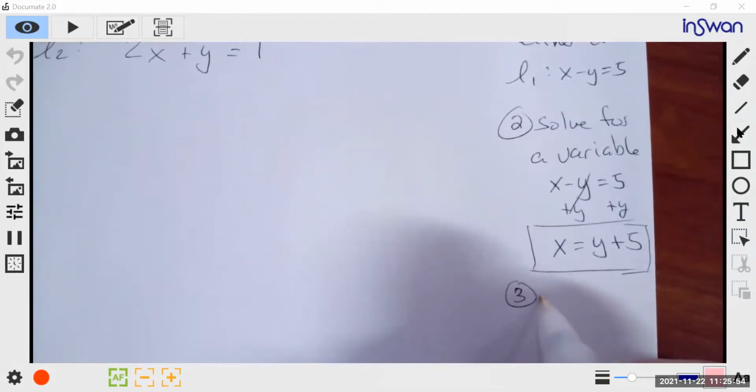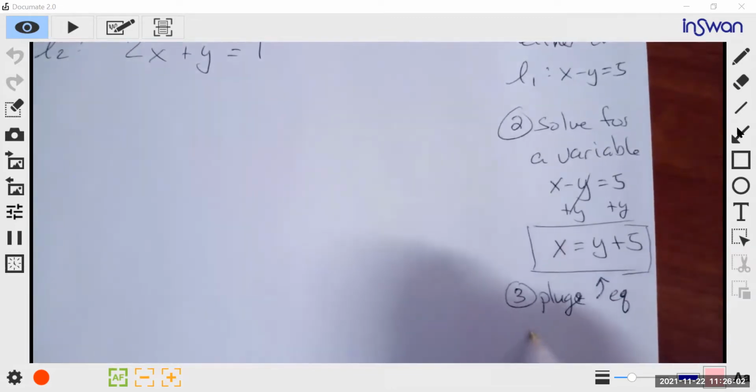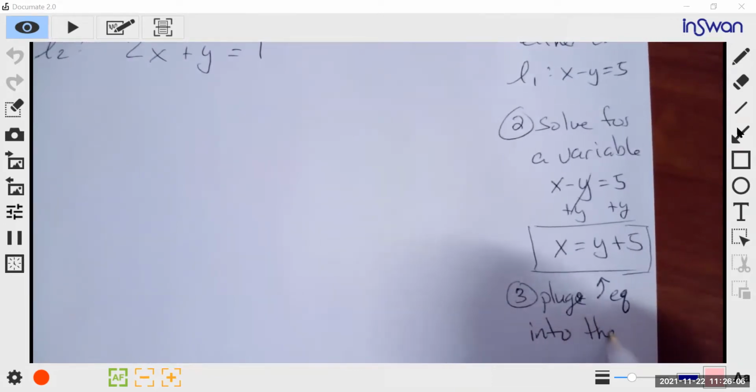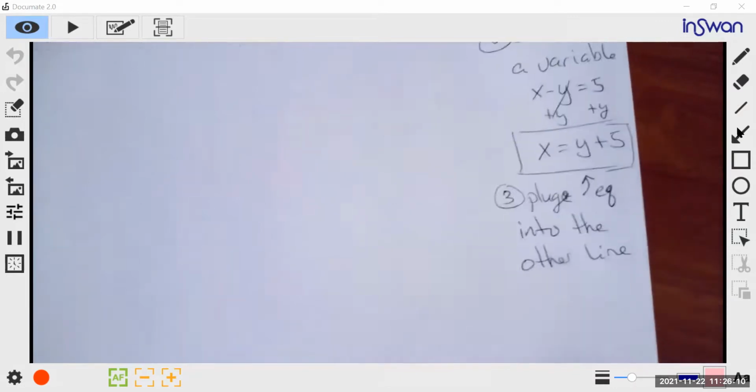Now, plug that equation into the other line you didn't use.